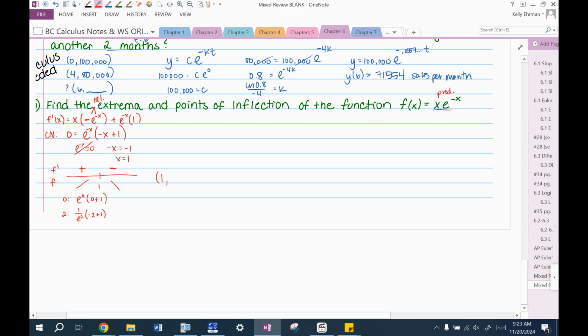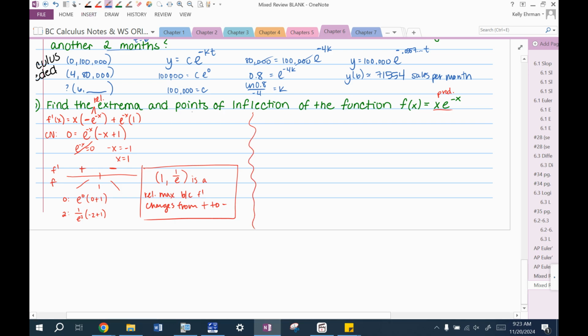I get 1 times e to the negative first. So 1 over e is a relative max because f prime changes from positive to negative. On the real AP test, please write the words positive and negative, but I'm okay with you abbreviating for our homework and quizzes and tests and stuff.